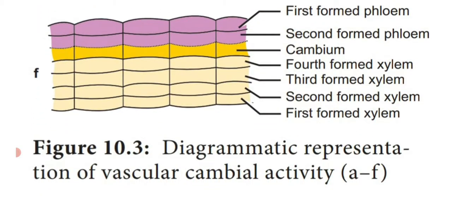Likewise, they produce the fourth formed xylem among the xylem components. So the layers are produced on the outer side of the previous layer: first formed xylem, then outer to the first, second, then third, then fourth.